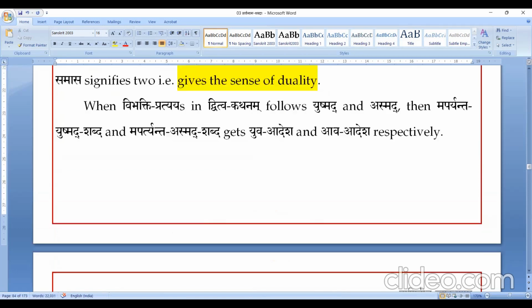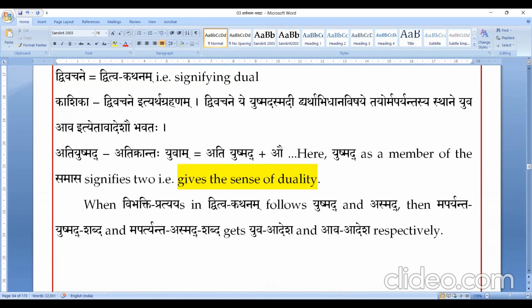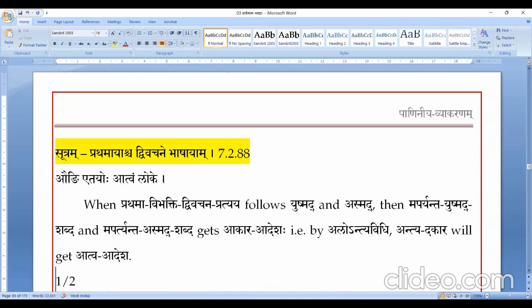We'll apply the sutra later, 7:2:92. Then we have the 7:2:88 sutra, which says Prathamayascha Dvivachane Bhashayam. Prathamayascha Dvivachane: Dvivachane is for the Prathama Vibhakti, Prathama Vibhakti Dvivachana Pratyaya, which is Au.